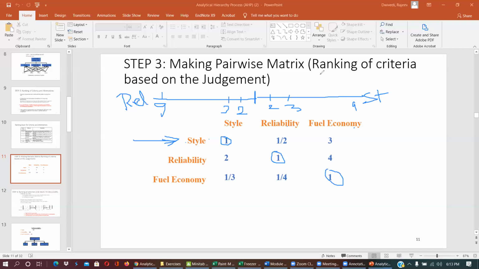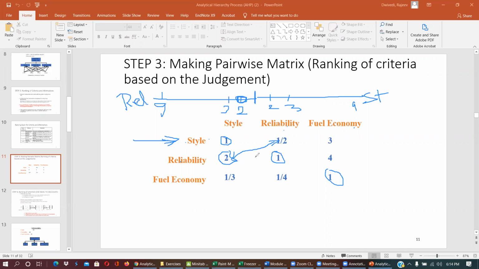So here reliability and style. Reliability is 2 times preferred over style. Therefore, what is the value of style preferred over reliability? Half of this. Means these are reciprocals of each other.